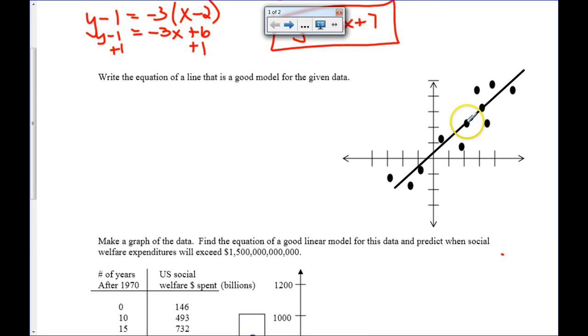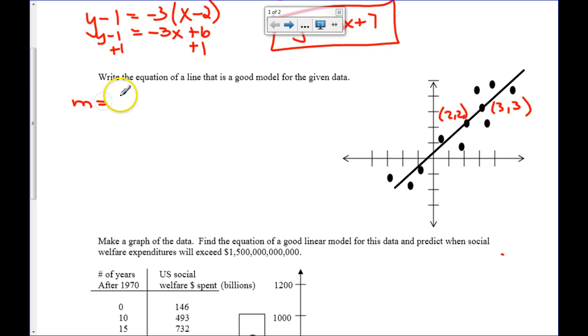So what is this point? What would you say that is? 2, 2? Okay, we'll call it 2, 2. How about this one right here? 3, 3. Okay, so we made our line of best fit and found 2 points on it. Now we need to find our slope again.